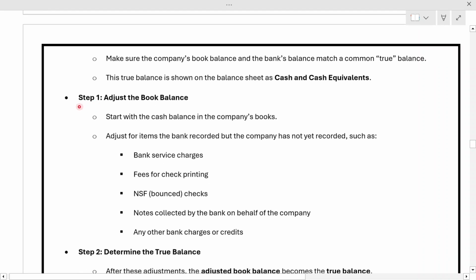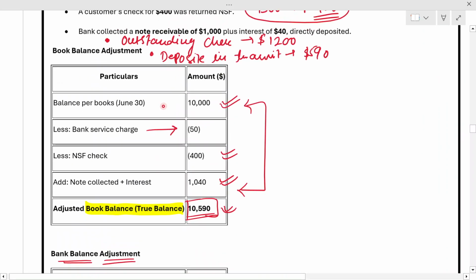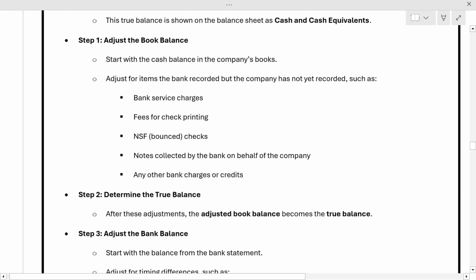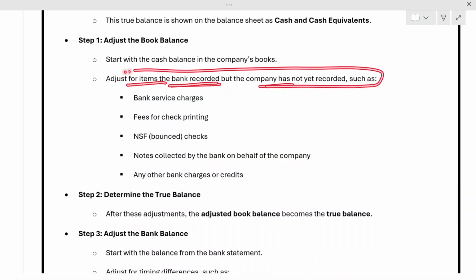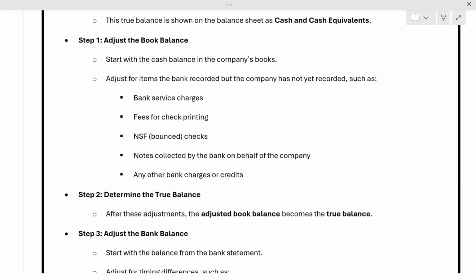Now step 1, we do the adjustment in the book balance. We start with the cash balance in your company's books of accounts, what we started with here, and then we adjust for the items the bank recorded but the company has not recorded. This is an important thing. Whatever reconciling items are there, you need to take only those which the bank has recorded but the company has not recorded, like bank charges, fees for printing.